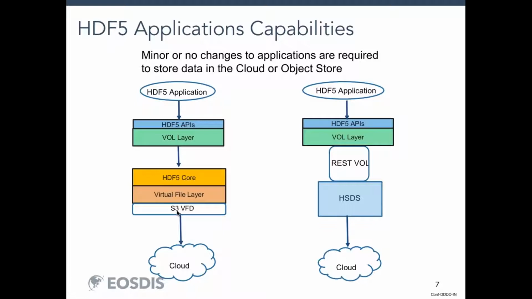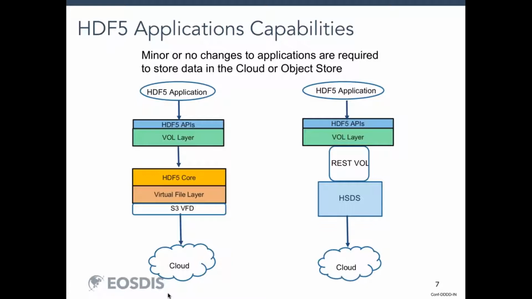So what it means for HDF5 is new capabilities for HDF5 applications. First of all, there are minor changes, and I hope I'll show you what the minor change is, or absolutely no changes to applications are required to store data in the cloud or object store.